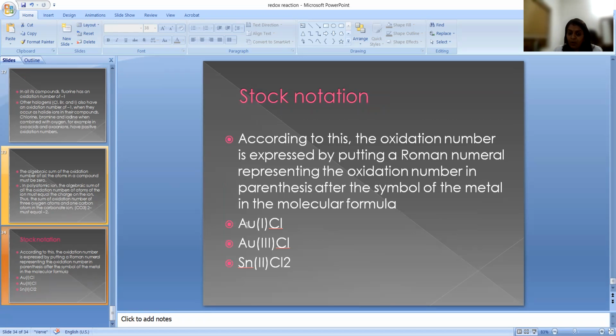So this is gold, aurum. Aurum has oxidation number 1 when combining with chlorine, and sometimes 3. That oxidation number is put in Roman numeral adjacent to the metal while writing the name or formula. That is called the Stock notation.